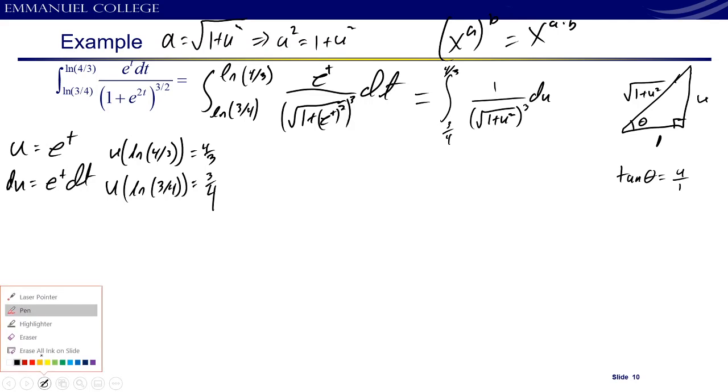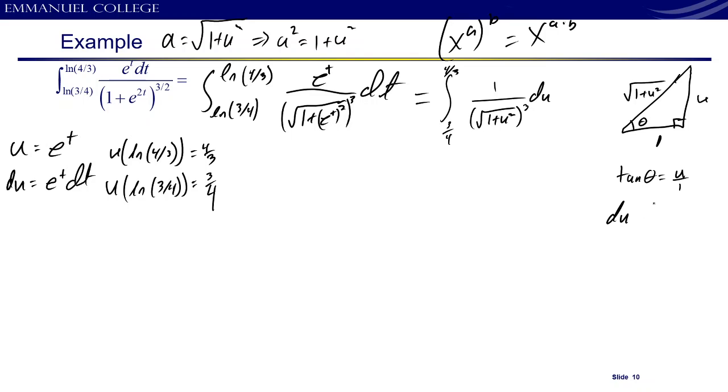My u looks a little bit like an uncommitted 9 or a very rounded 4. That looks a little bit more u-like. And so when I do du, I get that du is equal to secant squared theta d theta. And now this is the first time that we really haven't had anything else that gets replaced.